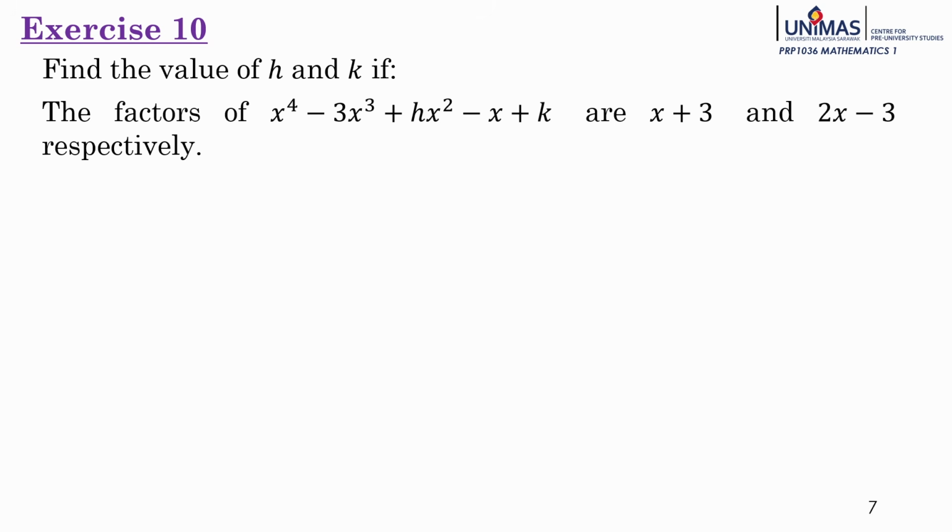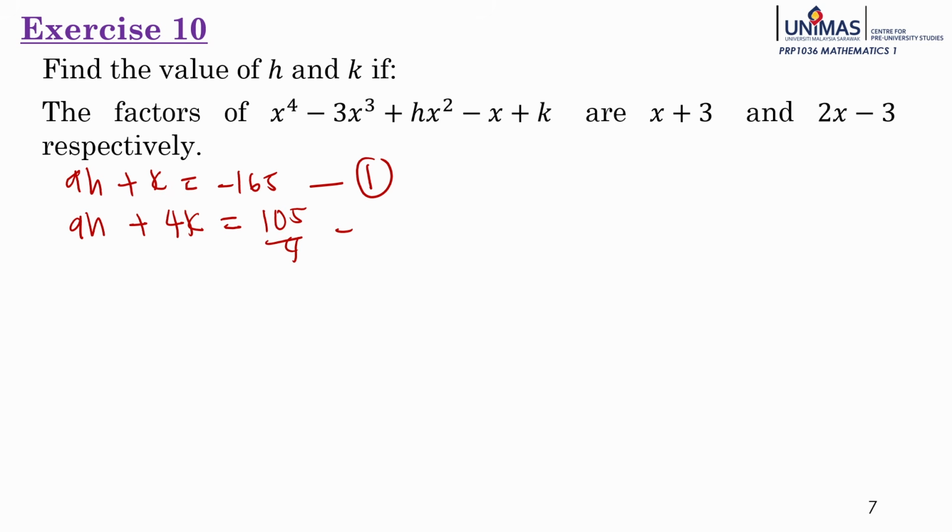I write them down again: 9h plus k equals negative 165, the first equation, and the second equation, 9h plus 4k equals 105 over 4. Now we want to solve these. So equation 2 minus equation 1, which means we are using the elimination method.